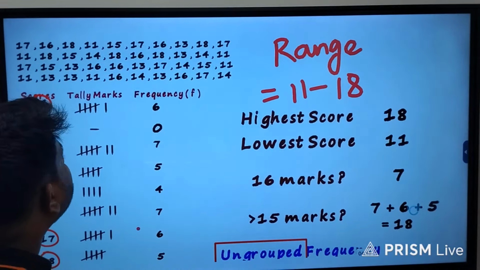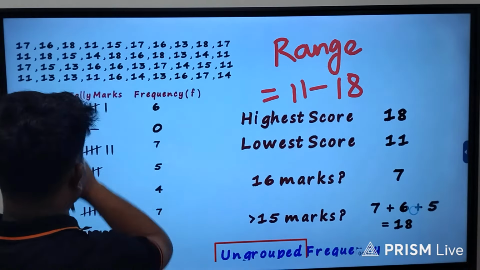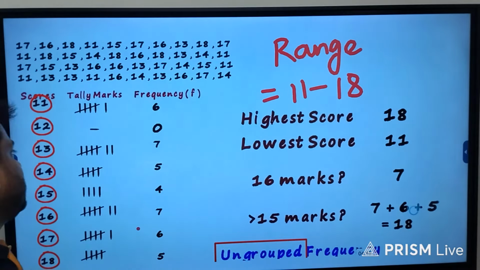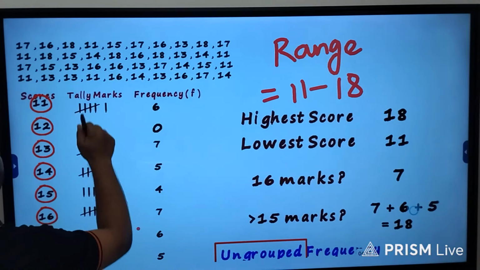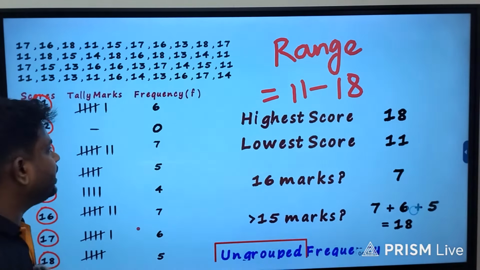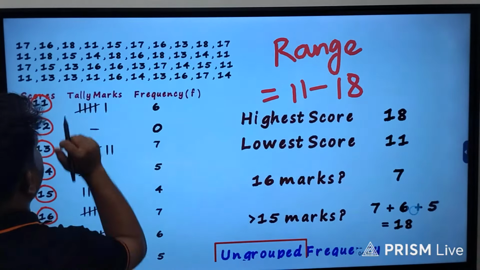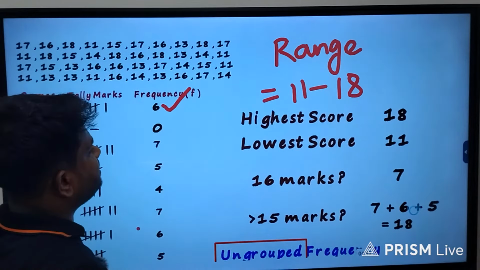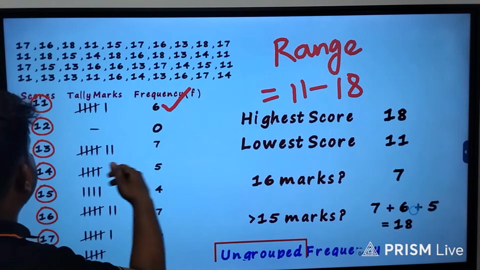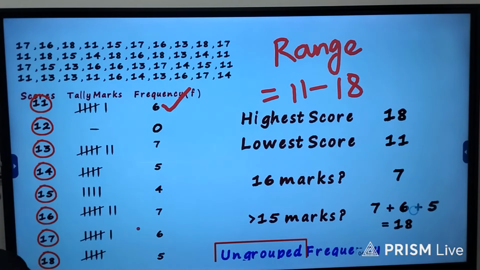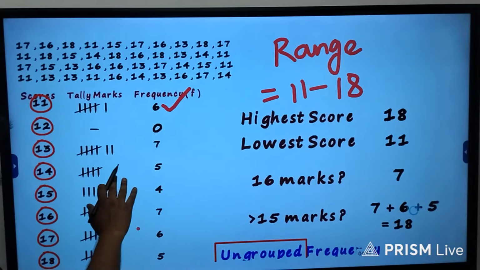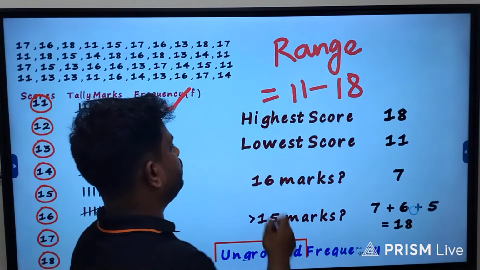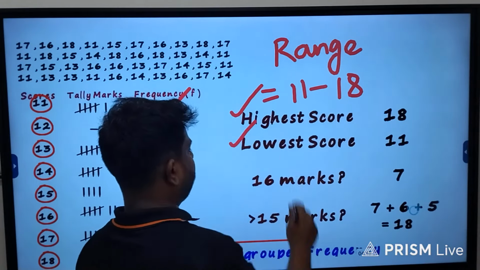And how can we calculate the frequency? By the tally marks. So 11 is repeating 6 times, that's why they have drawn 4 lines and cut by 1 line, that is making 5, and another line making 6, so 6 is the frequency. Similarly for 12, 13, 14, 15, 16 and up to 18, these will be termed as the frequencies of the different numbers, where the highest score is 18 and the lowest score is 11.